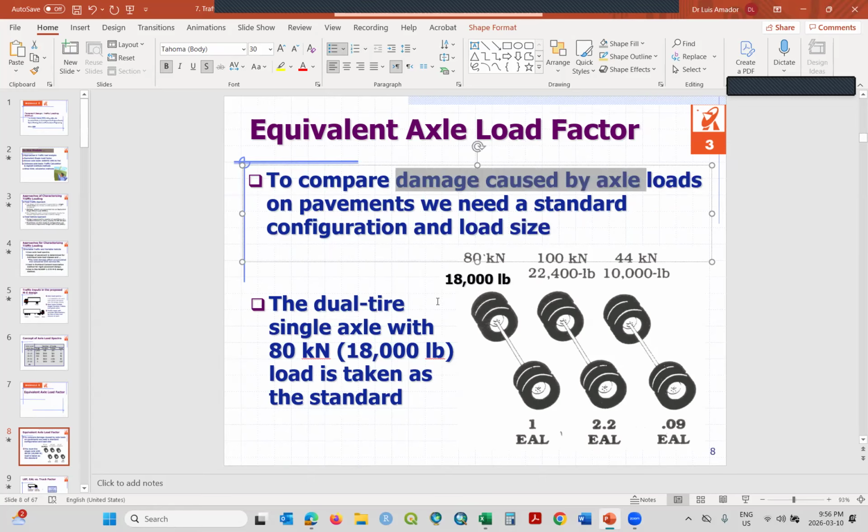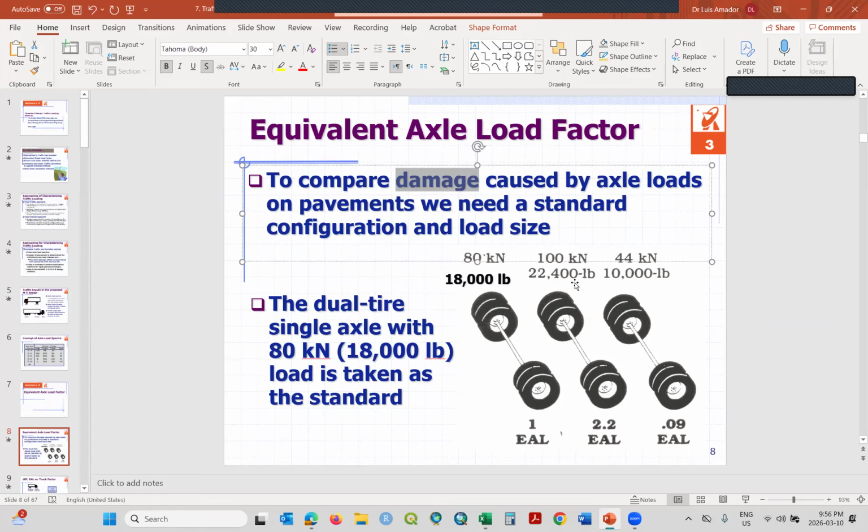For this nonlinear relationship, we're going to look at some equations and tables that will provide us with the actual values, but you can see an example here. If we think of the damage produced by an 18,000 pound axle and normalize that to 1, we say one pass of this axle with 18,000 pounds over a road produces 1 unit of damage.